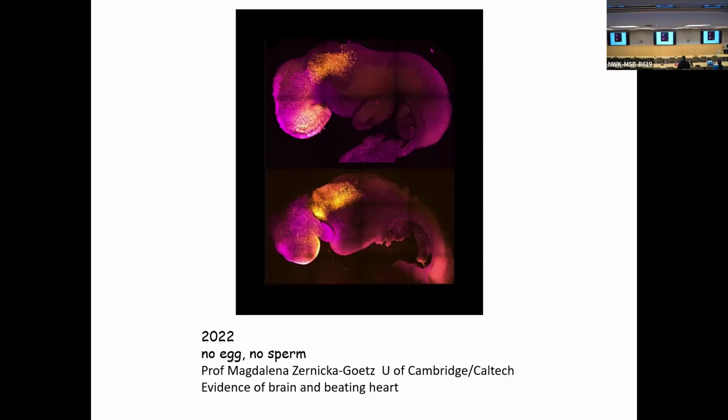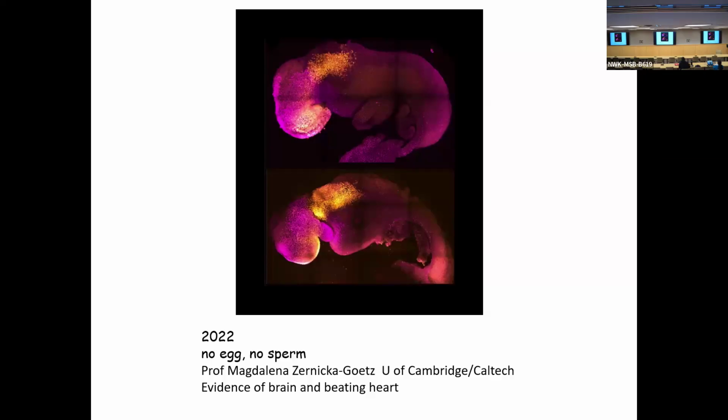Point two, there's no fertilization, just a mix of cells. There's no sperm, there's no oocyte, there's nothing there, right? That's very important. There's evidence of brain activity and of beating hearts. Again, this is a mix of cells here.